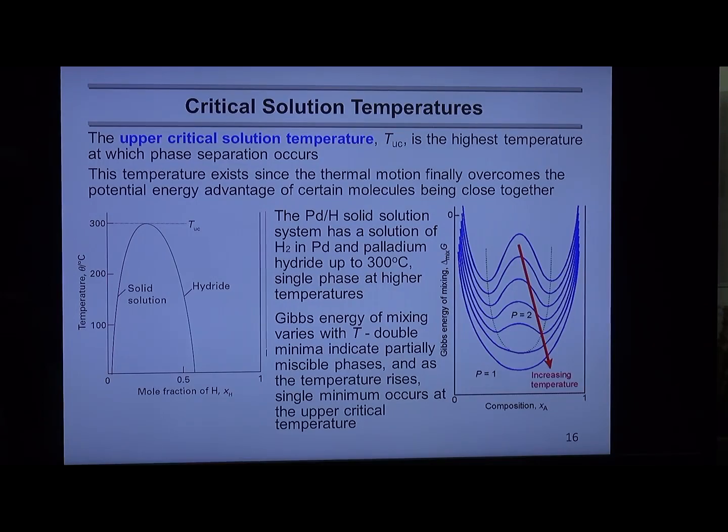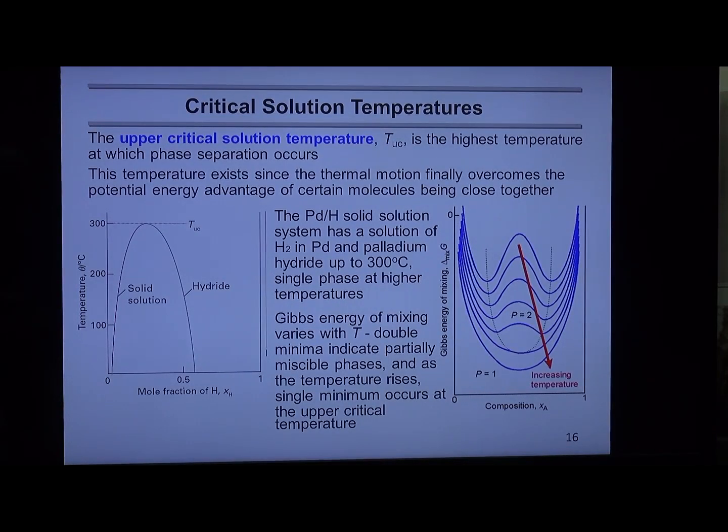If you might recall, when we considered the regular solution, which was a model system to describe the behavior of real solutions, I believe you remember.